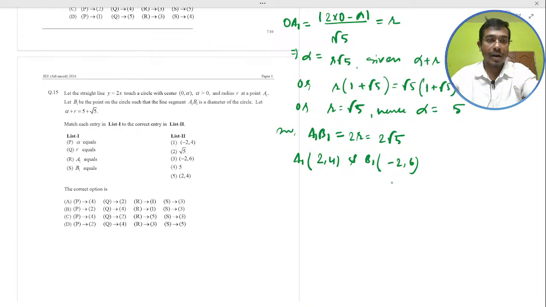So alpha equal to 5, r equal to root 5, A1 equal to (2, 4), and B1 equal to (-2, 4). Option C is correct. Okay. Option C is correct. Next.